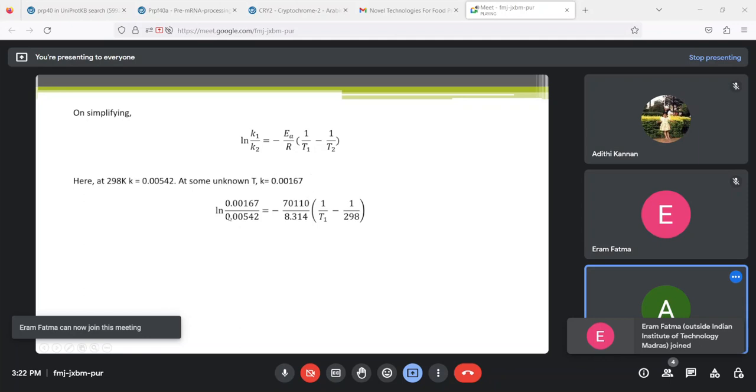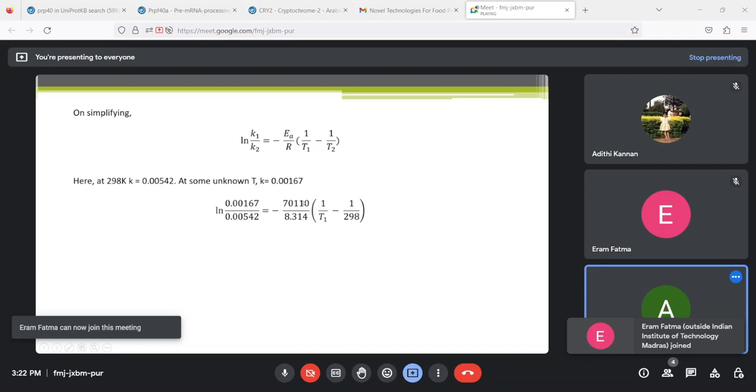So by substituting these, ln of 0.00167 divided by 0.00542 is equal to minus Ea by R into the difference of reciprocal temperatures. Your activation energy and A will remain constant for a particular food product, so they will not depend upon temperature. It is only your rate constant that will depend upon temperature. So Ea can be considered as constant, which is equal to 70,110 as given in the question.